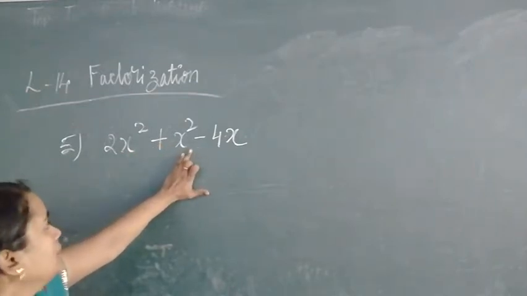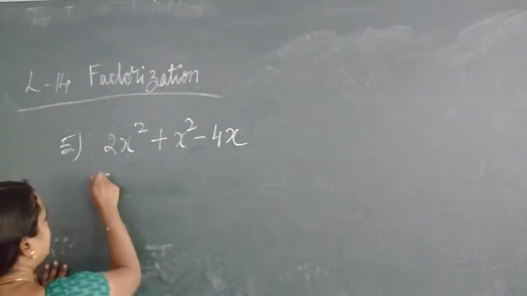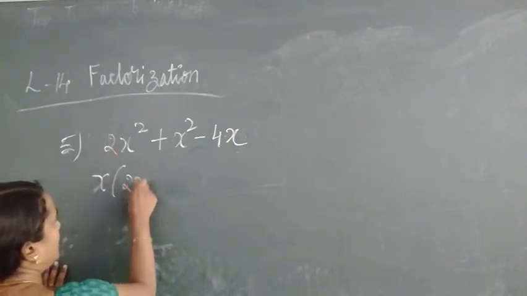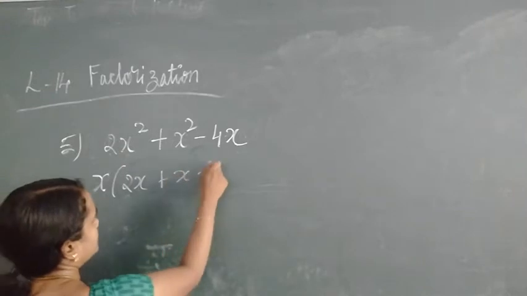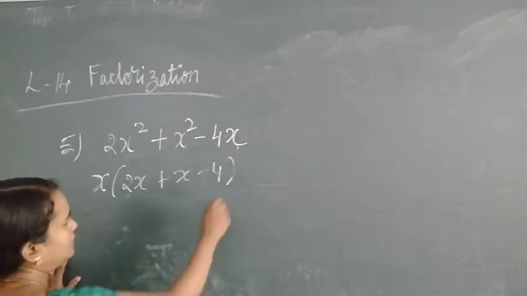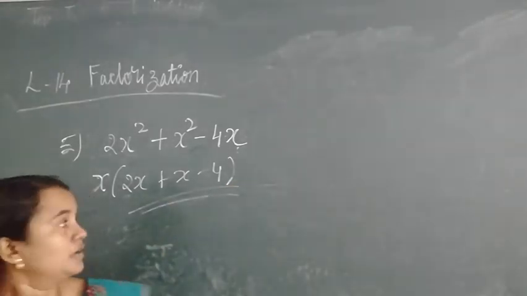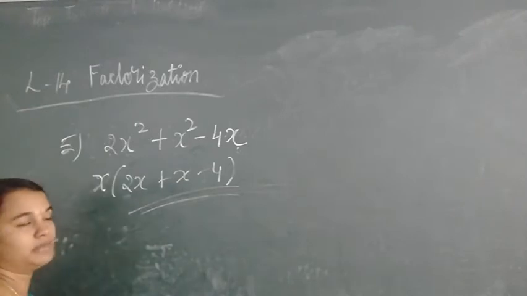That means only x is common in all the groups. x we will take out. Now left is 2x plus x minus 4, because x is already taken out. So this will be the answer. Now question number 6 will be the homework. Now question number 7.